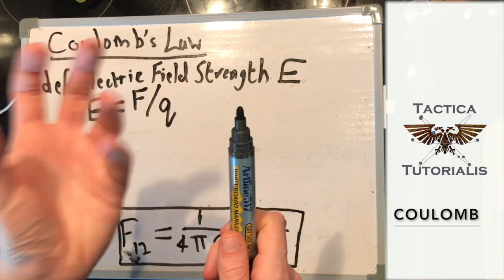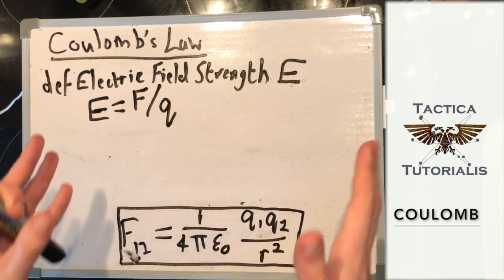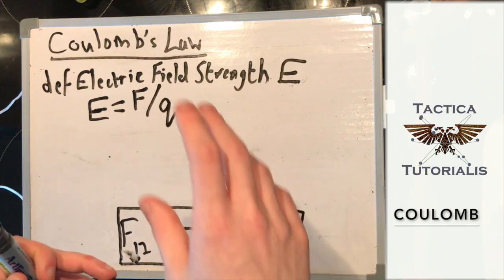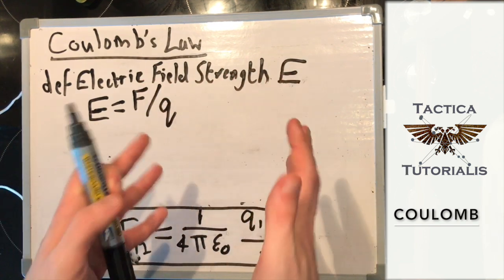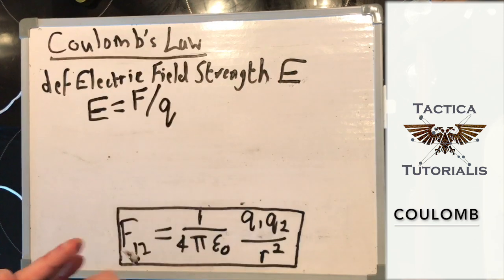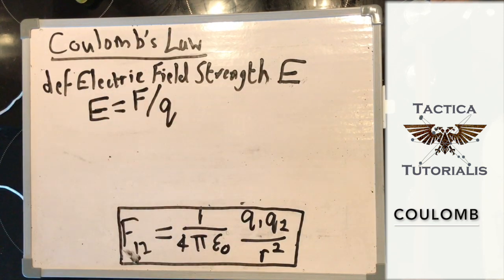So if one charge is pushing another with a certain amount of force, if you divide the force being applied by the amount of charge that you've got, you get how powerful the electric field of your pushing particle is. And every single charged particle has its own electric field strength.